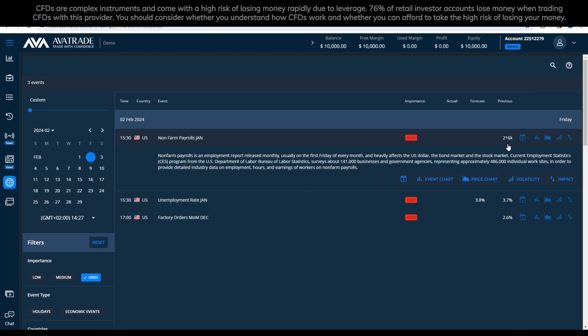So that means 216,000 jobs, yes, exactly. This is what happened last month. Now, what does that mean? That means that all these new jobs were created, and all those people are paying taxes, working, driving the economy, using the currency. Is that good for the economy or not? Well, we can think this is excellent, right?